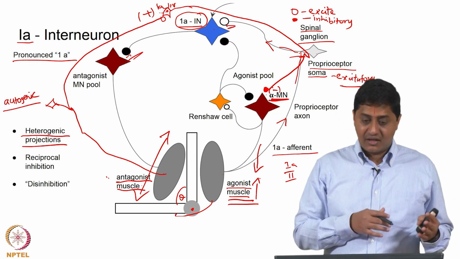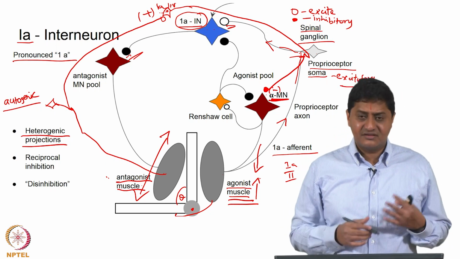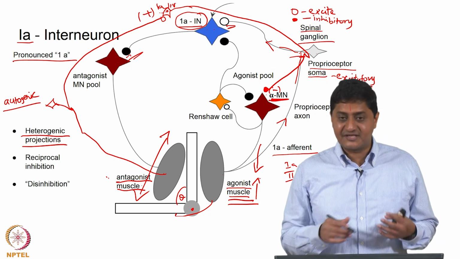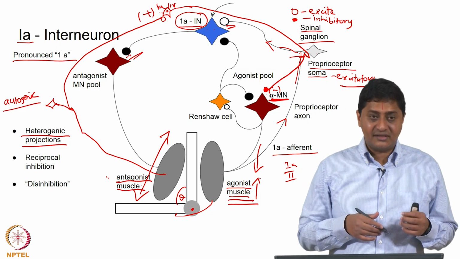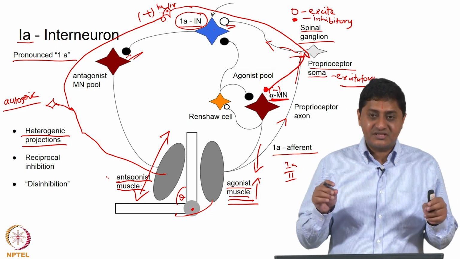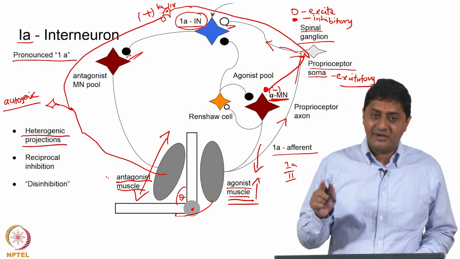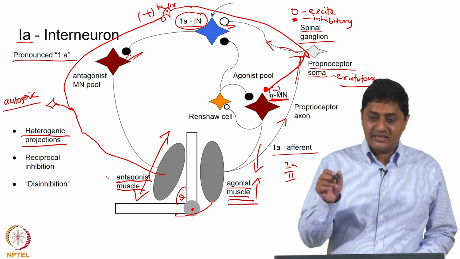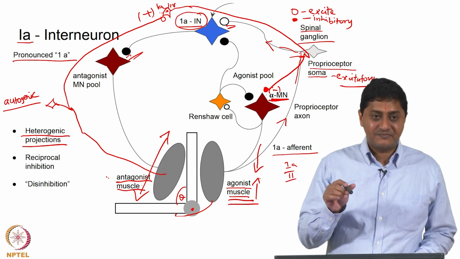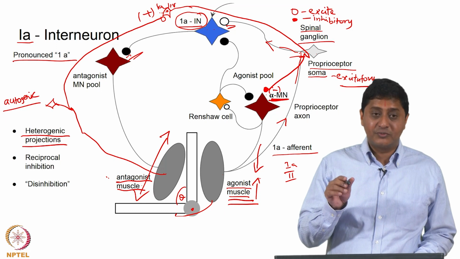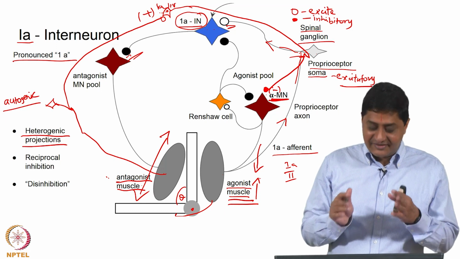Or more simply, because this terminology is a little confusing, we can use biceps and triceps. If biceps is contracting, then triceps will get stretched, then triceps will inhibit the motor neuronal pool that innervates biceps, because it is that motor neuronal pool that is causing this contraction. So I want to minimize that.